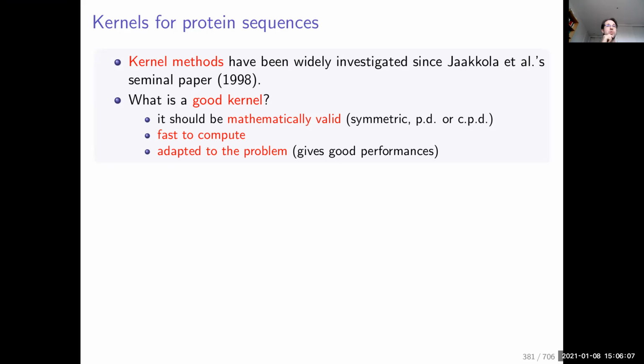I want this kernel to be fast to compute, because if you give me a kernel that takes forever to compute, it will be hard to use. It should also be adapted to the problem, meaning, what is a good kernel? A kernel encodes a similarity function between sequences, and a good similarity has to be defined given domain knowledge, meaning there are physical and biological phenomena that we need to model.